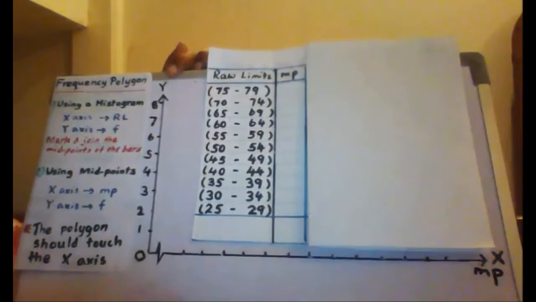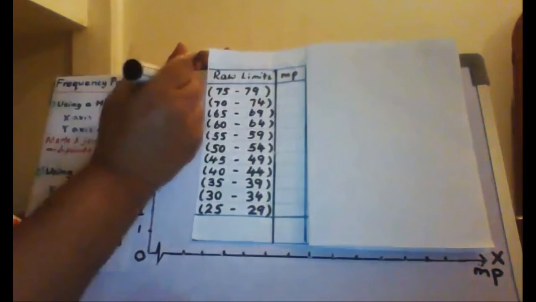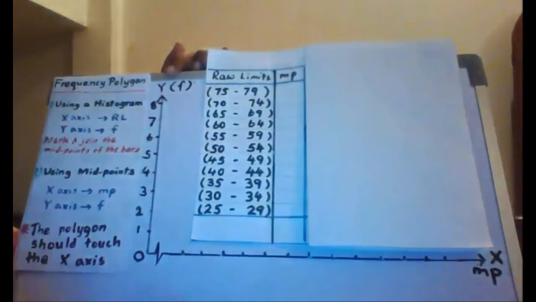Earlier we got real limits. Now we are taking midpoints, and on the y-axis we are taking frequencies, number of students. The difference here is only here. We are taking midpoints.